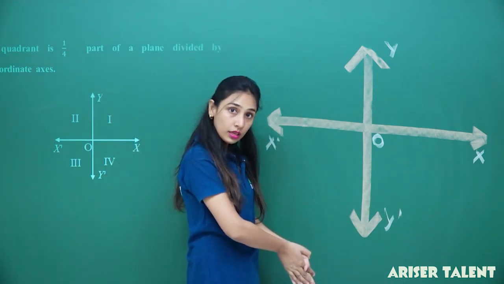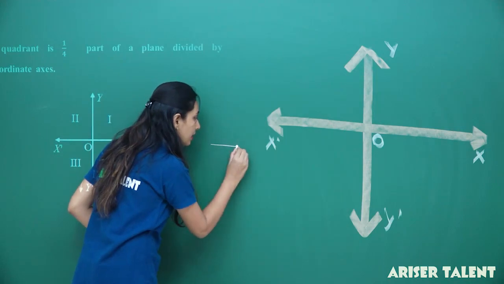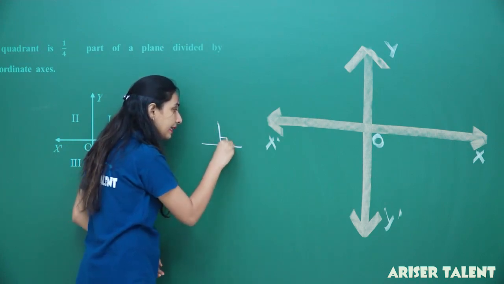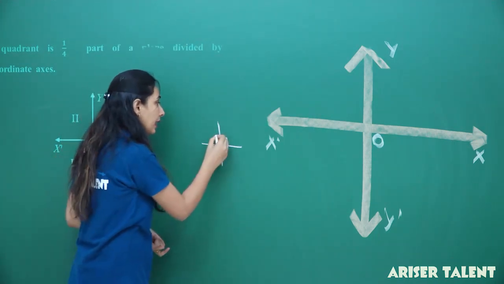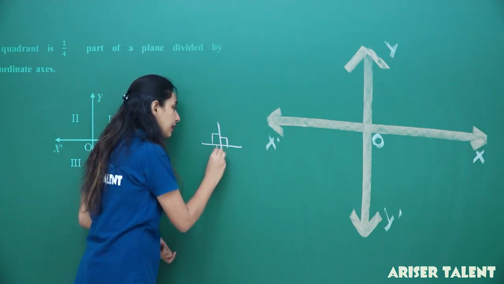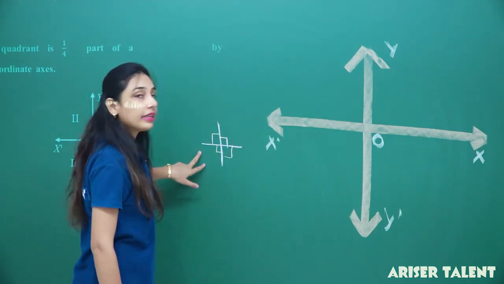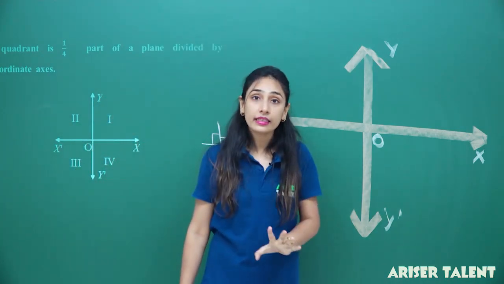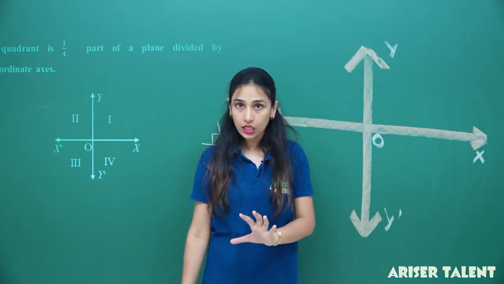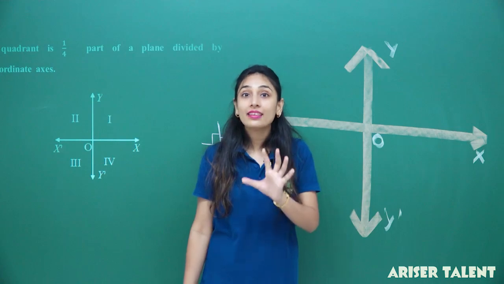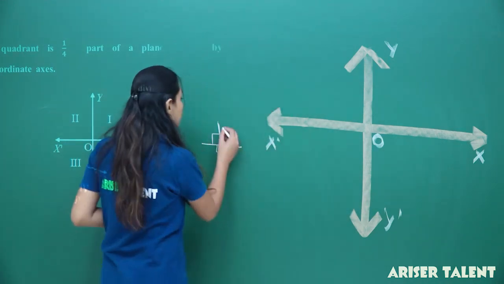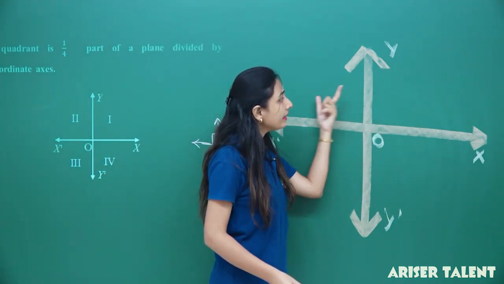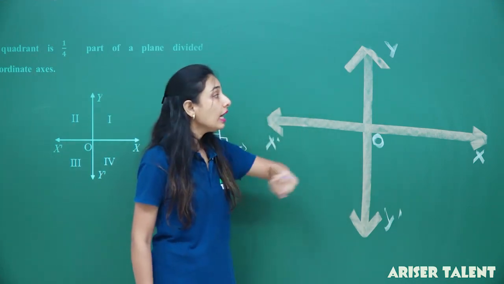If it's perpendicular, that angle will be 90 degrees, and that will also be perpendicular, 90 degrees and 90 degrees. So the 360 degrees are divided into 4 parts, that is 90, 90, 90, 90. All the parts are equal, yes or no? Aditya, yes or no? Yes, okay. So these axes divide this particular plane into 4 equal quadrants.